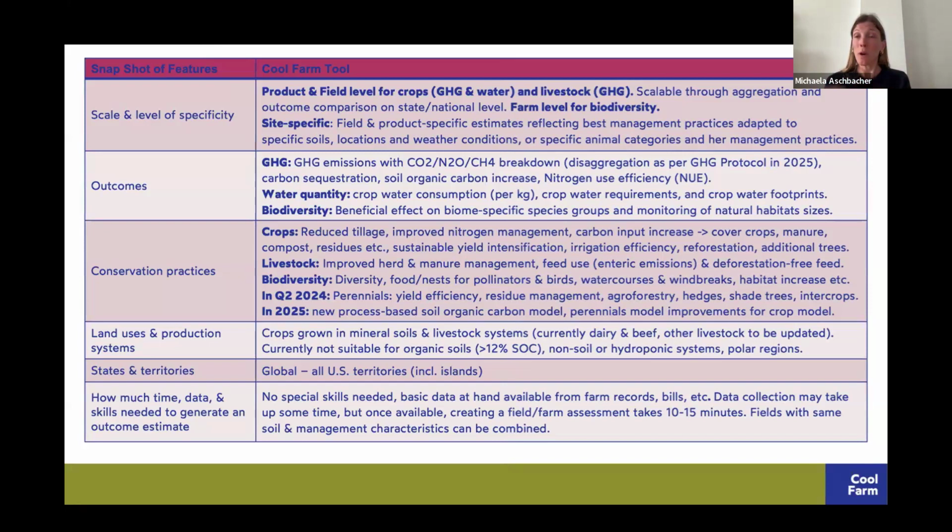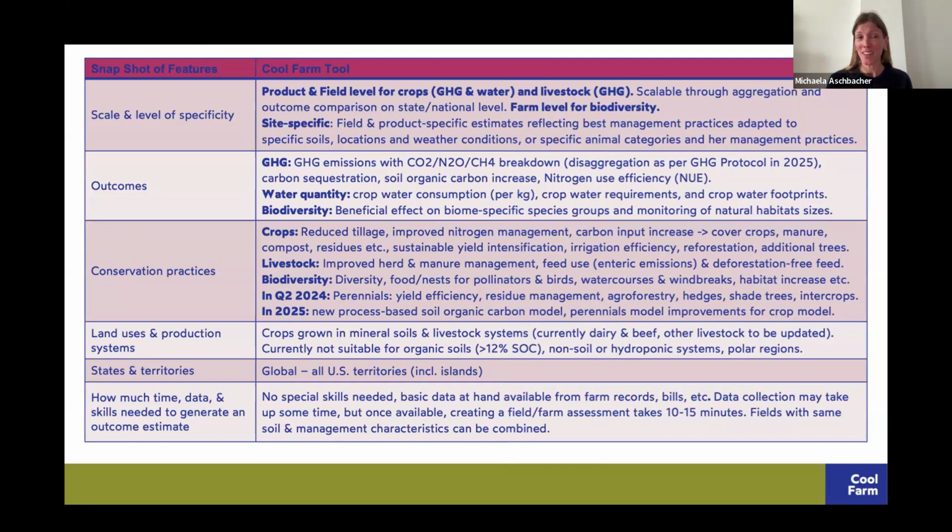When it comes to water quantity, we basically look at the crop water consumption, so how much irrigation has been added. We look at the precipitation, and at the same time, this is combined with the crop water requirements, and that kind of gives you then a water footprint of the quantity for water.